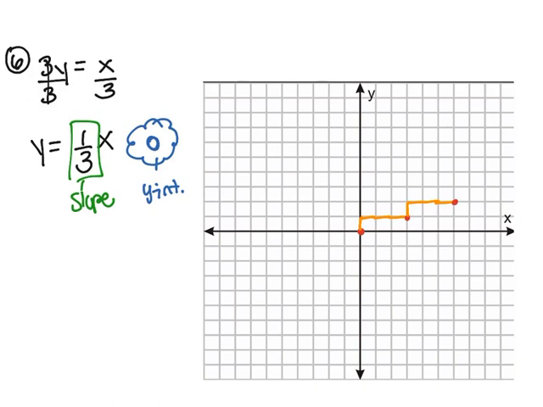Once you have at least 3 points, connect. And you can see that your domain and range on this one would be from negative infinity to positive infinity. And our line is increasing because our slope is positive.